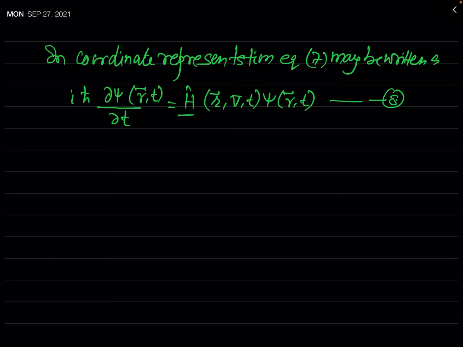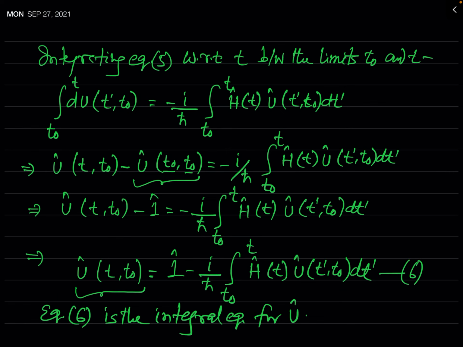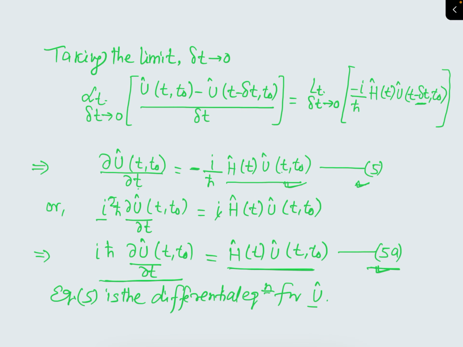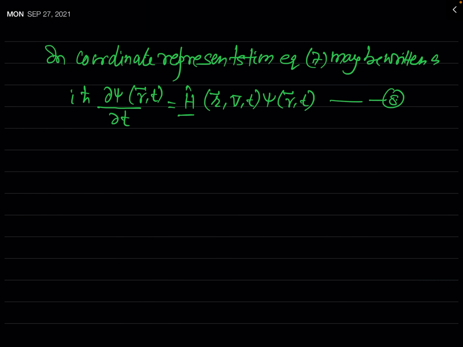There are several problems like this. So if h does not depend on time, then the state vector can be obtained from the equation we studied earlier, that is equation 5. From equation 5 we can then find the state vector at any time t.